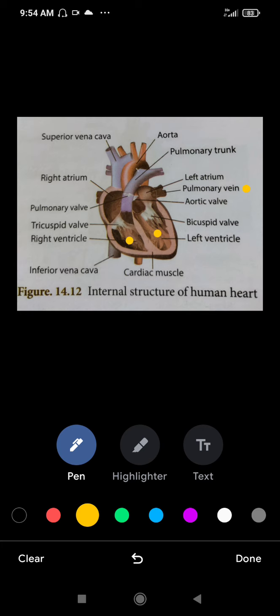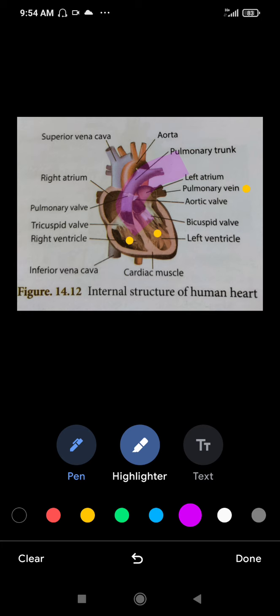From the right ventricle arises the pulmonary trunk.